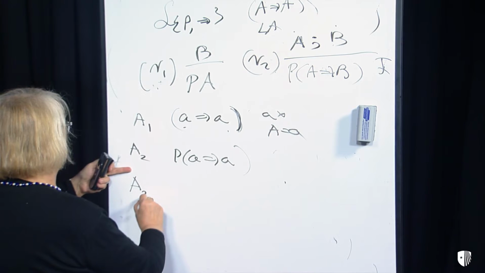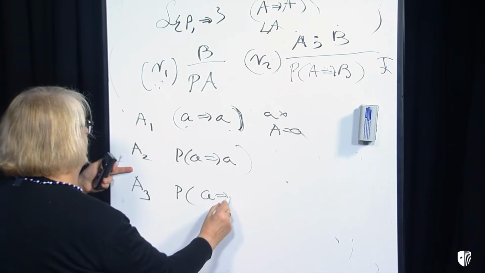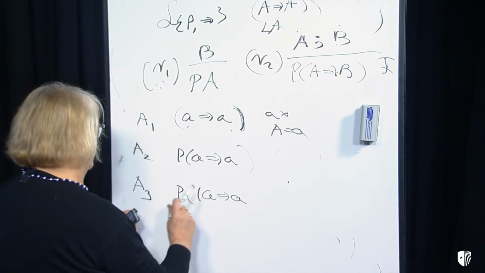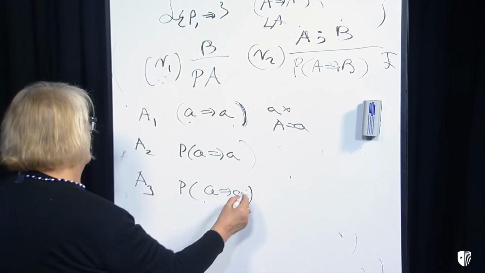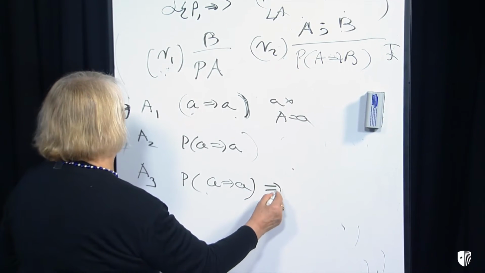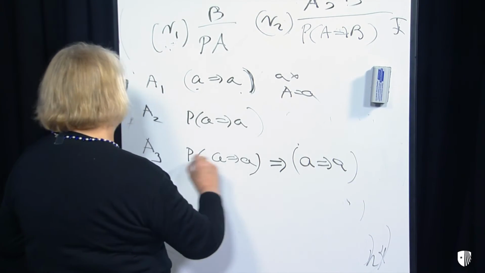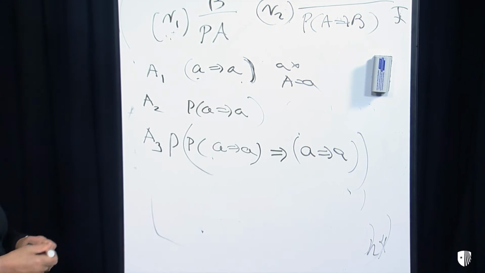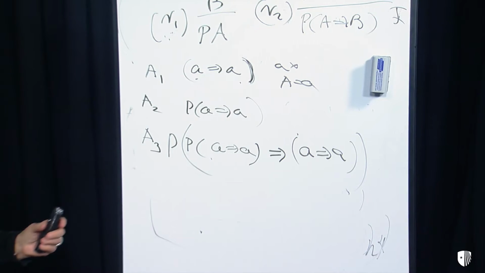So I write P, A implies A, implies A implies A, and I write P in front. Question. Is it a correct step?